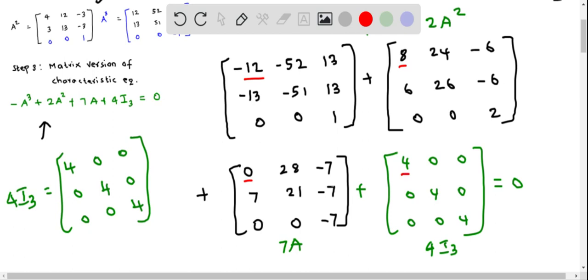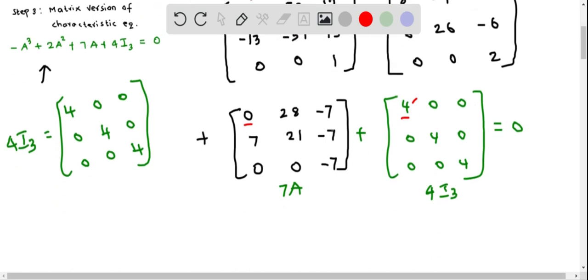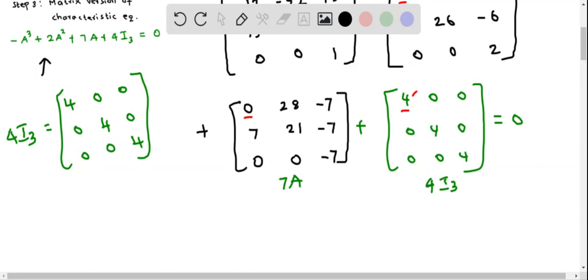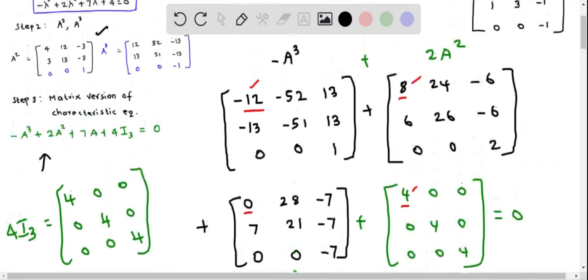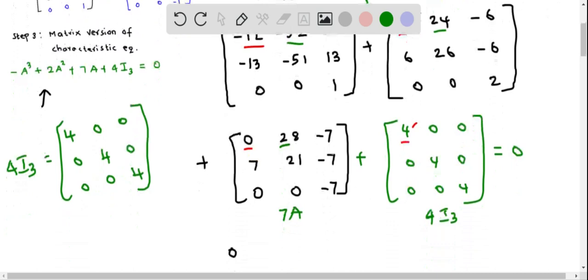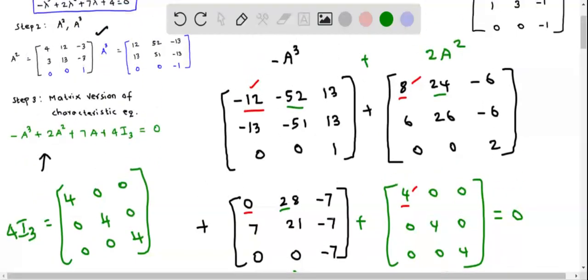So as we can see, this is 8 and 4, which is positive 12, and then we have negative 12. So they become 0. So the first element will be 0. Similarly, we will add the corresponding elements for this column, that is negative 52. We have 24 plus 28 is 52. So 52, negative 52, this will also become 0. So likewise, if we continue to do this, we get all zeros.